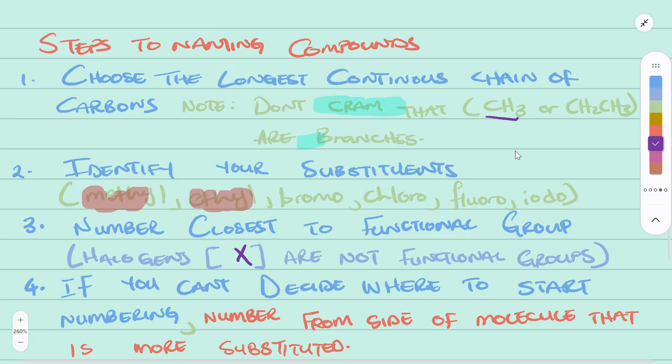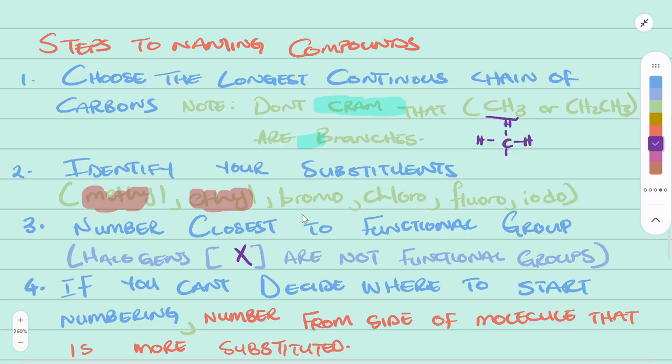An alkyl group is just an alkane missing one hydrogen. So if you have methane and you remove one hydrogen from it, it's no longer methane, it becomes methyl. The same thing goes for ethyl, and some other molecules can have propyl and so on when your chain is very long.